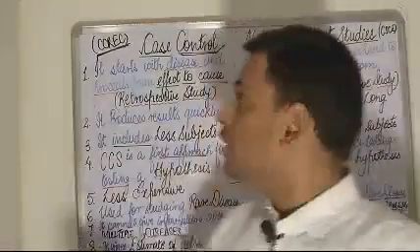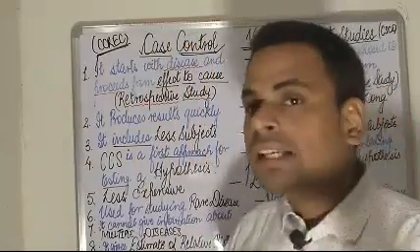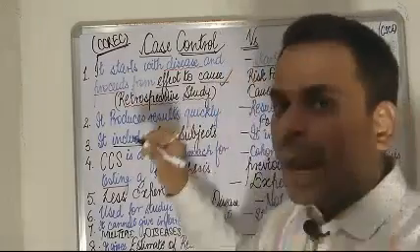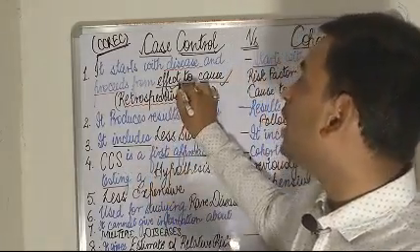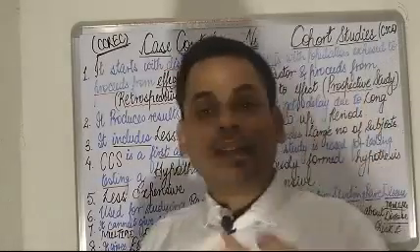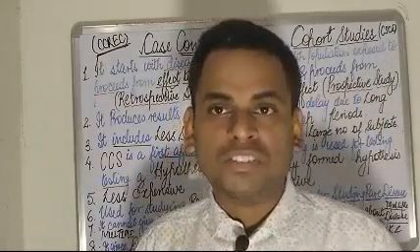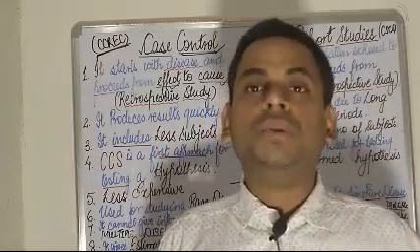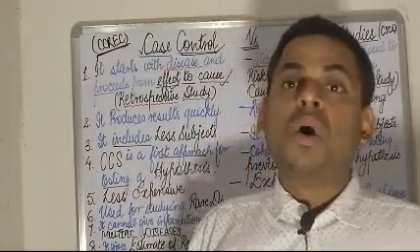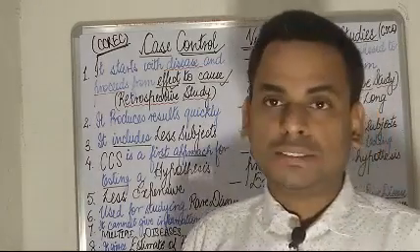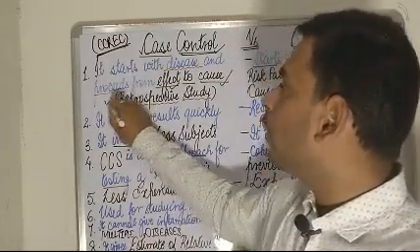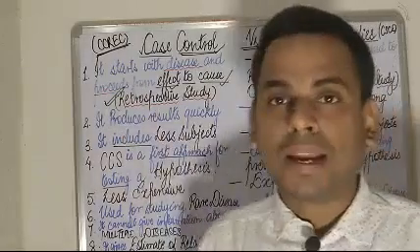So the case control study moves from the effect, which we are already observing, to looking for the cause that has actually caused the disease. That's why it is also called the retrospective study.